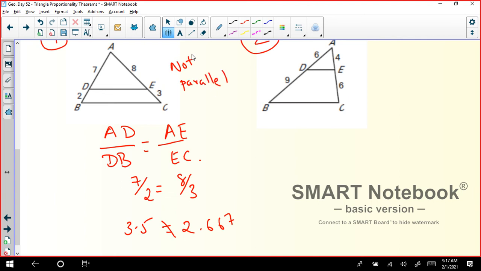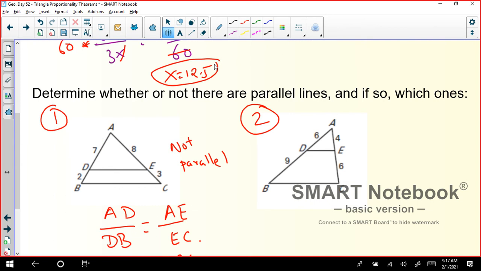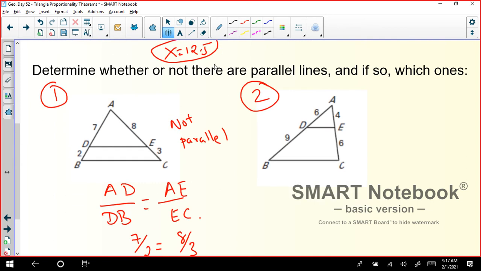Okay. Let's check. No parallel lines, that's all I'll say. On this one, AD over DB should also be equal to AE over EC. Let's substitute and check.